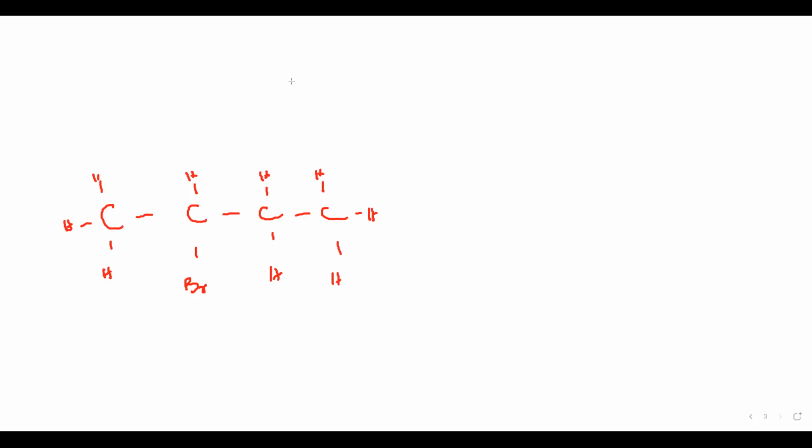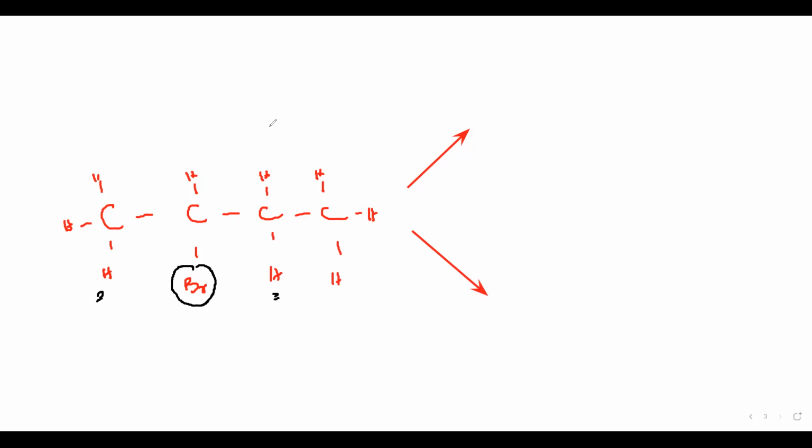Then there are two possibilities. Basically, what happens in elimination is the halogen is removed, and from the next carbon on the left or the right hand side, one of the hydrogens is removed. So either it can be removed from this one or it can be removed from this one.